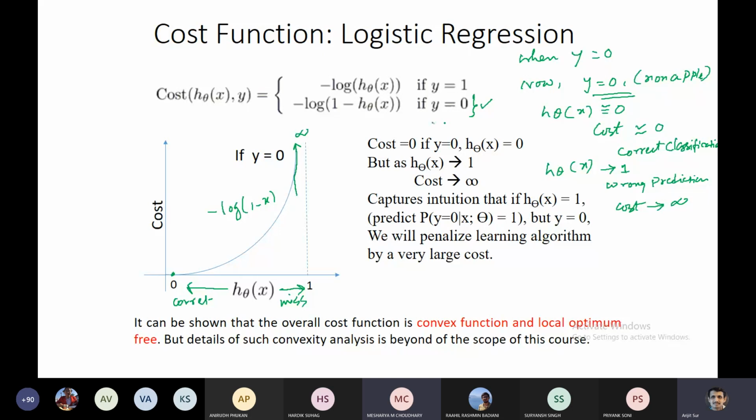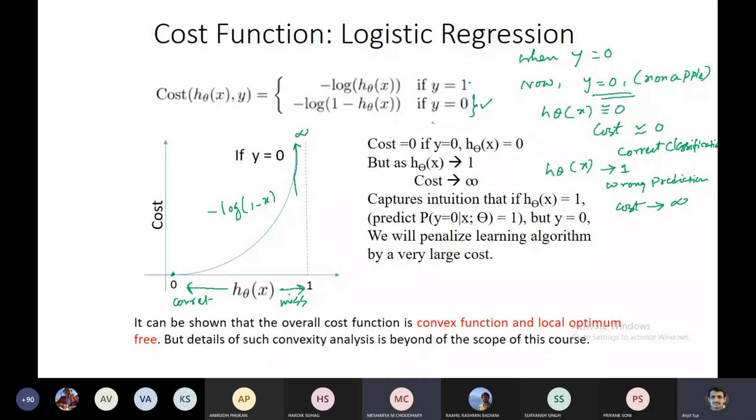I am not going to discuss this in a very statistical way. Sometimes, if time permits, we'll say this way of defining the cost is basically called maximum likelihood estimation.